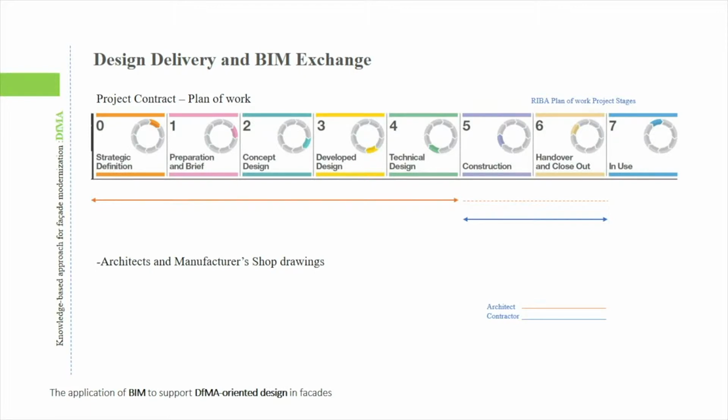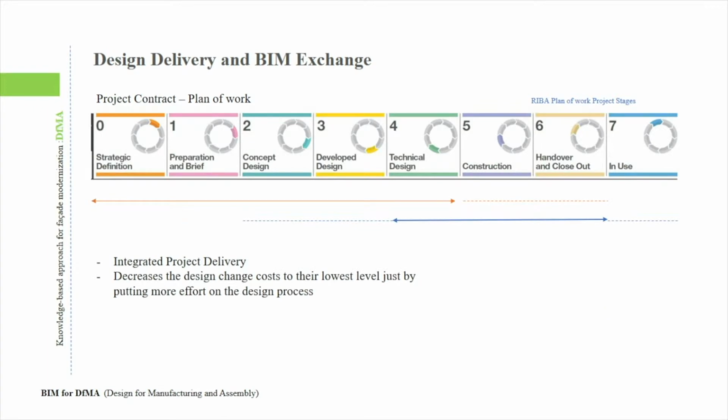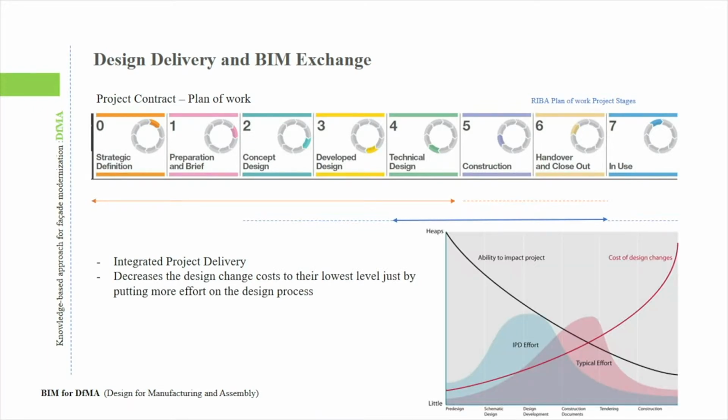And today we all know the value of design when it comes to construction projects. Integrated project delivery, for example, managed to reduce the cost, increase efficiency, and decrease material waste within the project just by putting more emphasis at the stage of design.